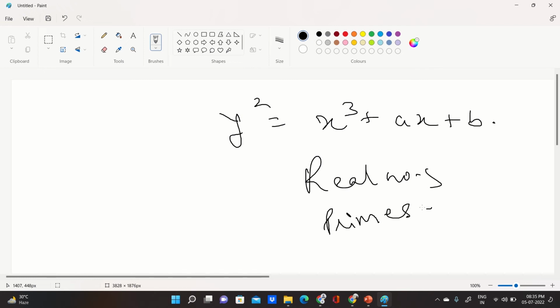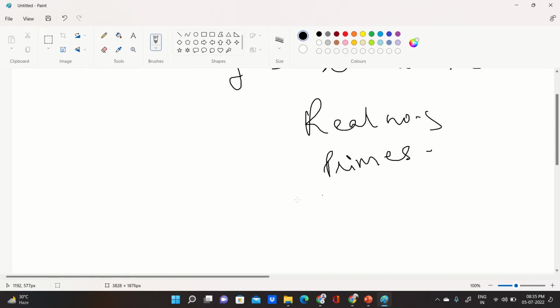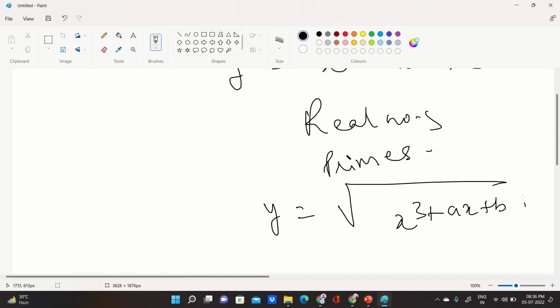Basically, we can also write this equation as y equals root over x cube plus ax plus b. So what does this mean?